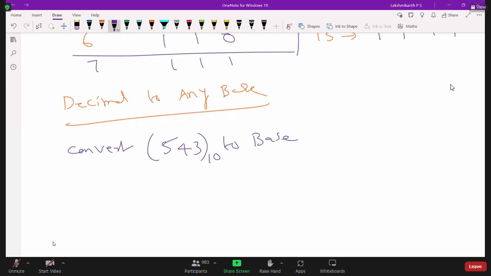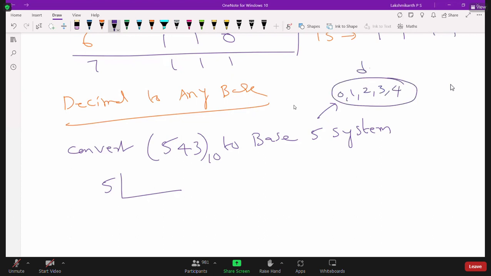Base 5 system means you have to divide this number by 5, the same way we applied in the binary system. But for base 5, the digits should be 0, 1, 2, 3, 4.